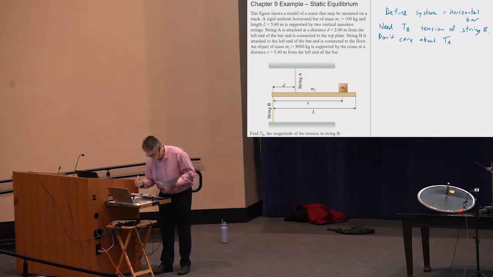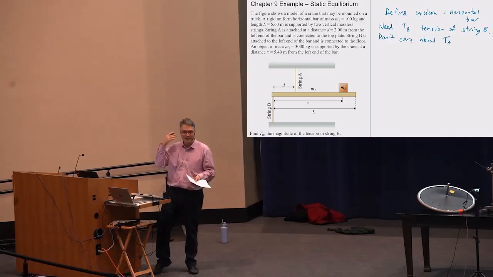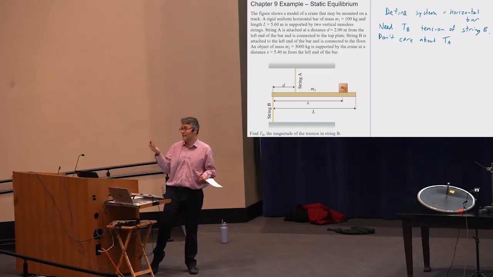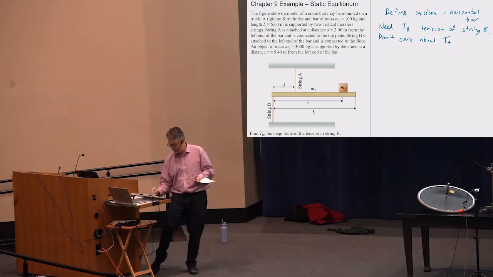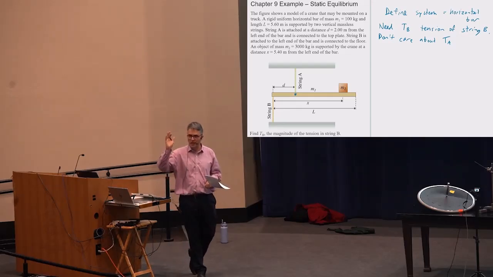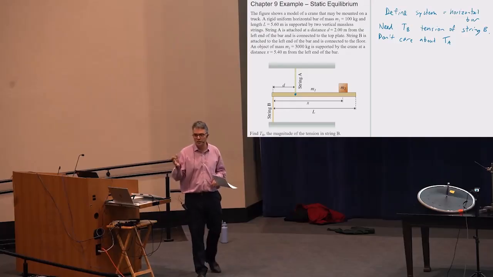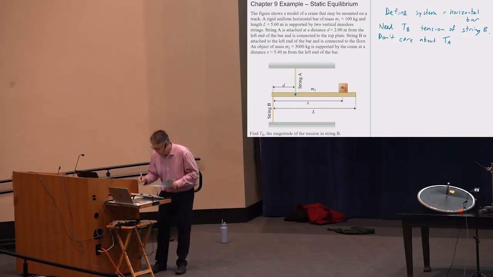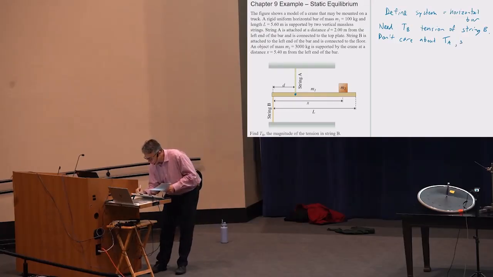So sometimes my intuition tells me maybe I should put the pivot point where string A is attached, so that the torque from tension A doesn't come into my torque equation, and I don't need it anyways. So let's define the pivot at point A, where the string A is attached.